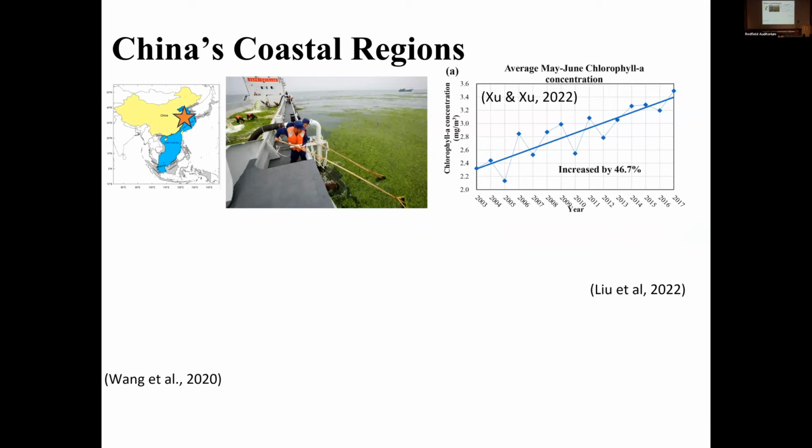And because of eutrophication, since 2008 a massive green tide outbreak has happened in the Yellow Sea. This figure was taken in 2008 when I was a student in Qingdao.